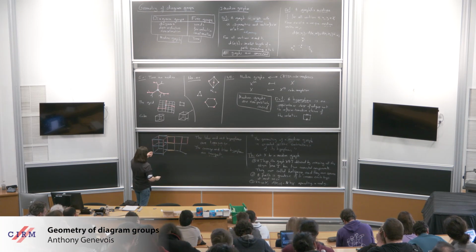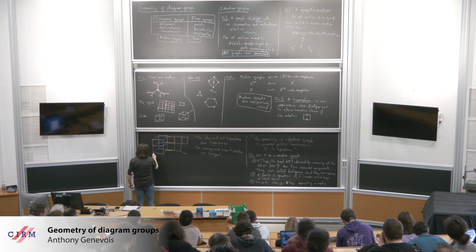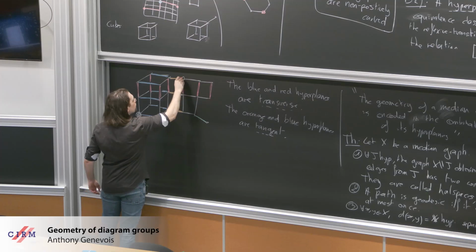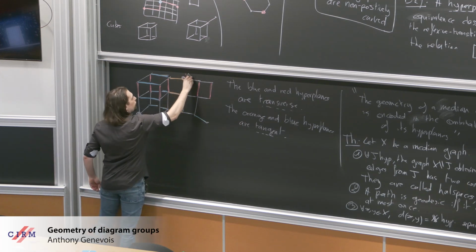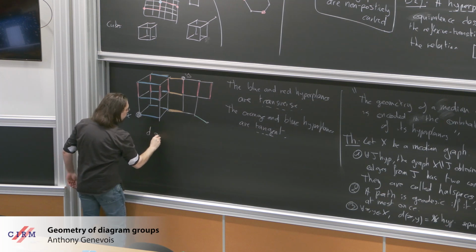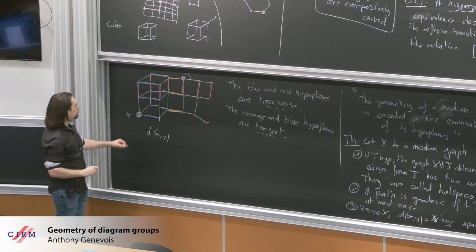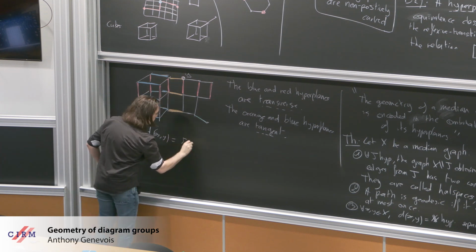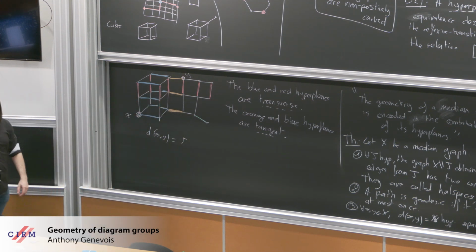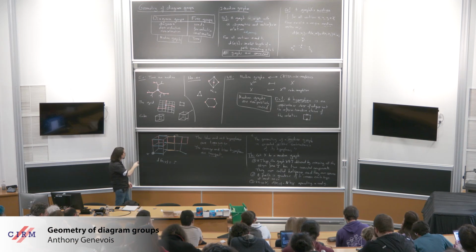Maybe let's consider an explicit example. If I take this vertex and this one, so x and y. So the distance between x and y, in this case it's easy to compute, it's 1, 2, 3, 4, 5. So there must exist exactly 5 hyperplanes separating x and y.